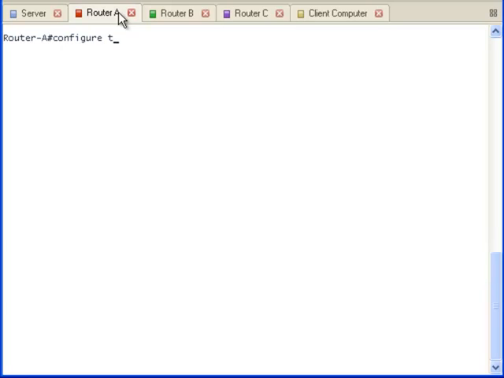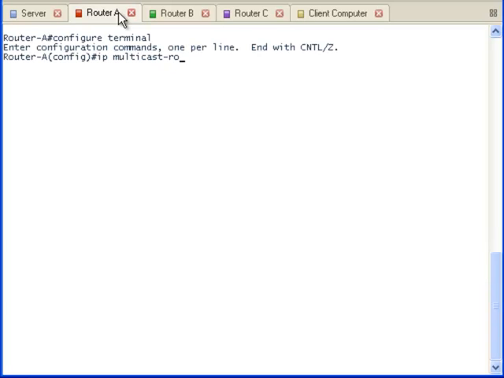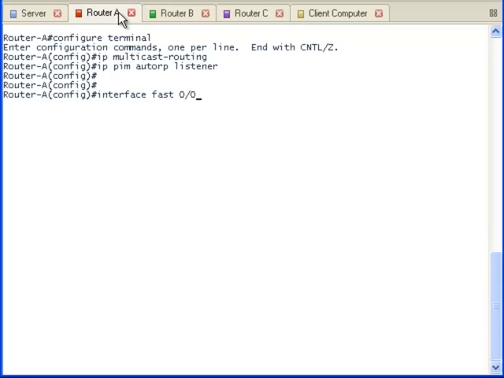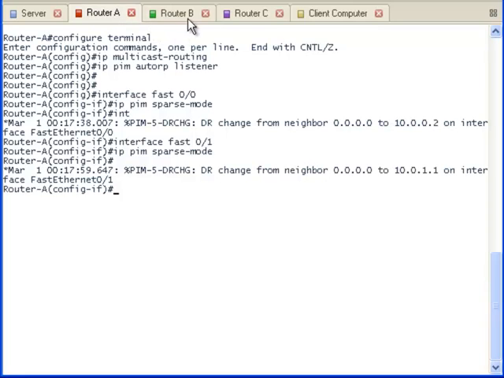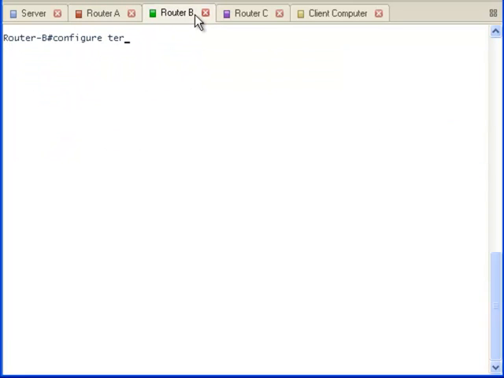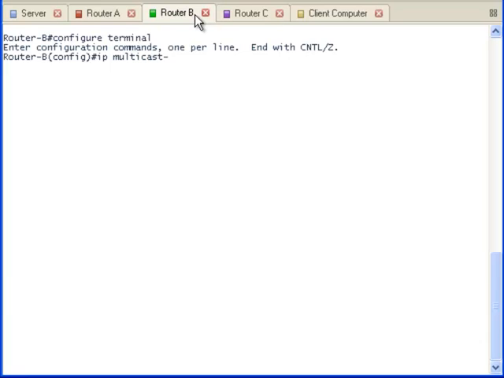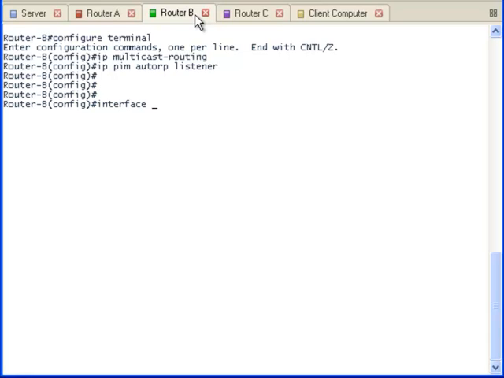As we have done in previous videos, we are going to configure all the routers for multicast routing, and we're going to configure all the interfaces that will be participating in multicast with the sparse mode protocol. We also need to configure the AutoRP listener to forward the IP address of the rendezvous point to other routers.